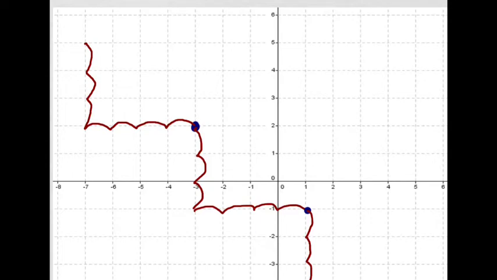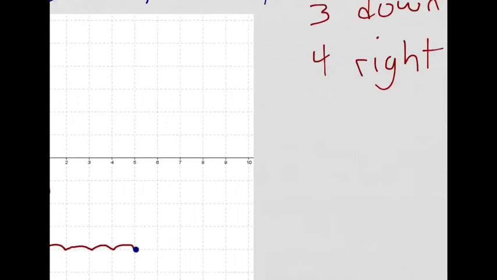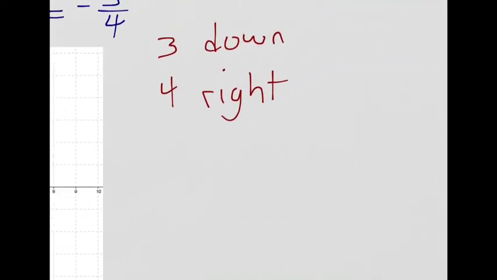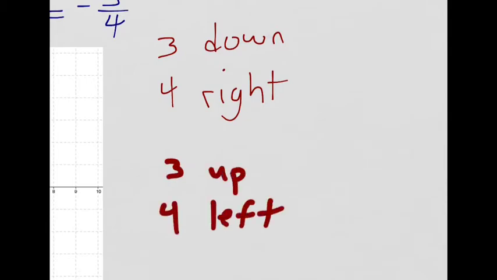You said 4 to the left and 3 up, but our directions were 3 down and 4 right. Why does that still make sense? Because it's going up, a different direction. Oh, because it's just mirrored.